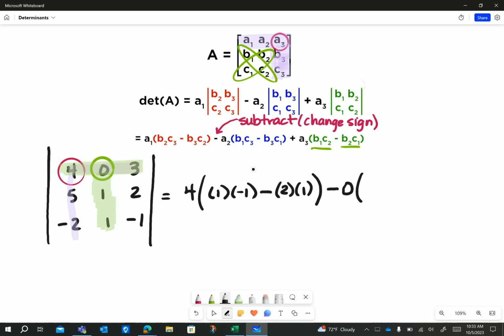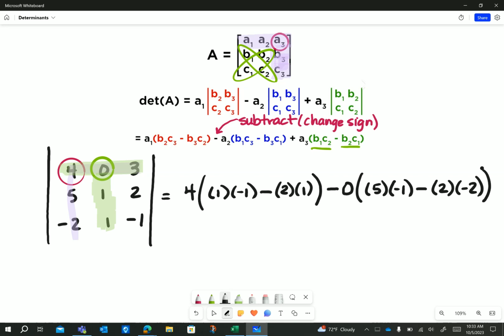Now we multiply 5 times negative 1, which is the first diagonal, ignoring the green, and then minus, it's always minus, we do the other diagonal, which is 2 times negative 2.